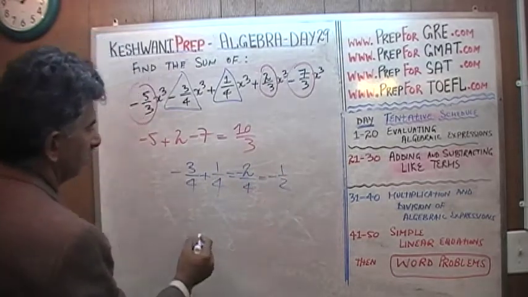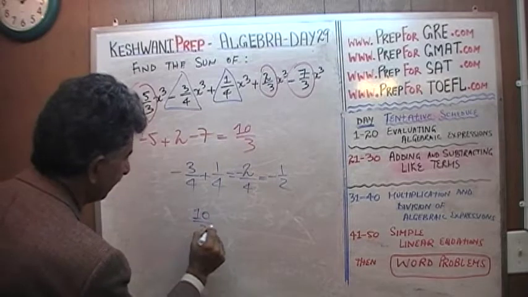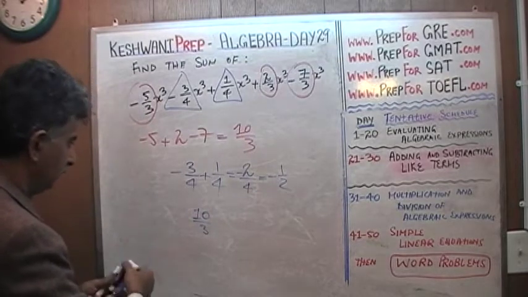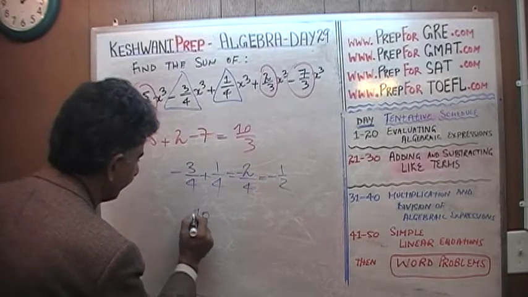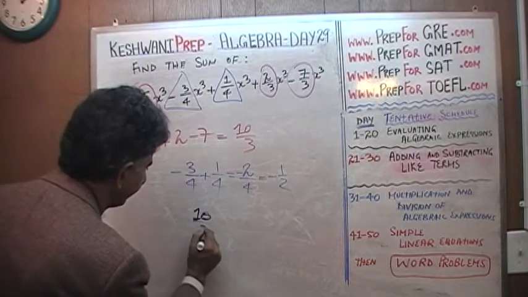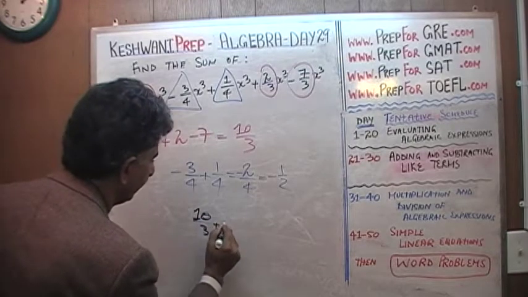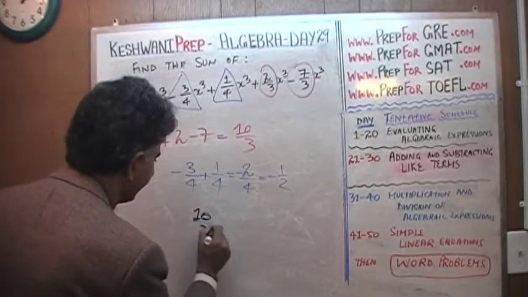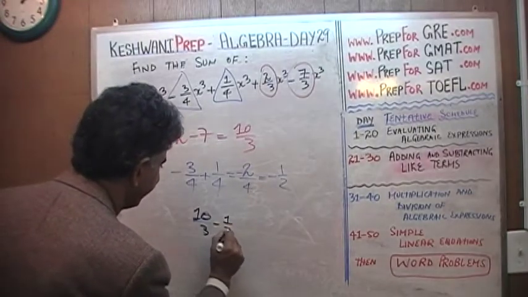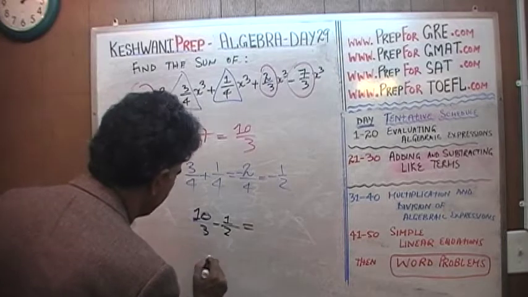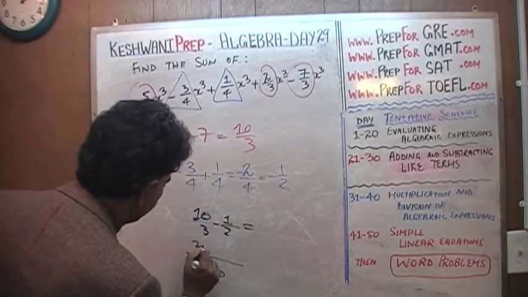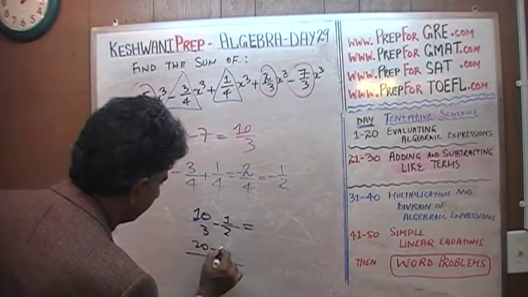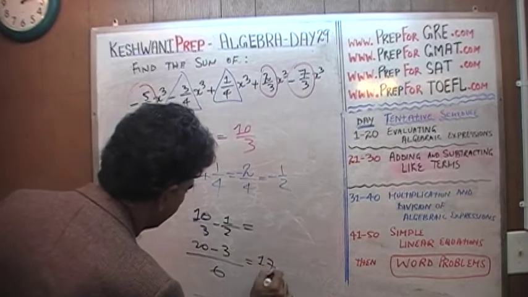So we have 10/3 and a negative 1/2. Now find the common denominator of 6. That will give us 20 minus 3, I get 17/6.